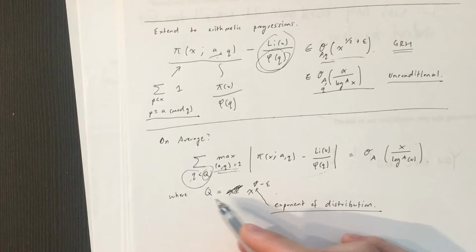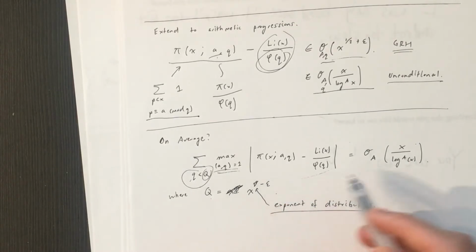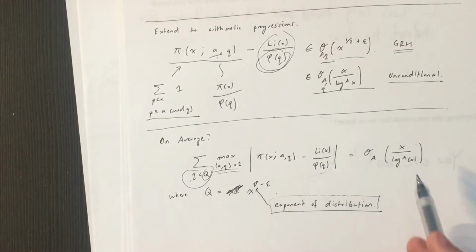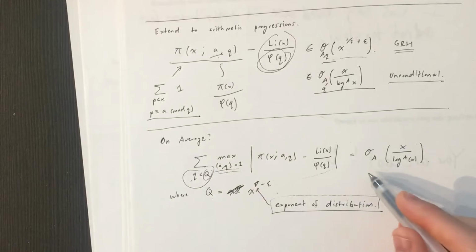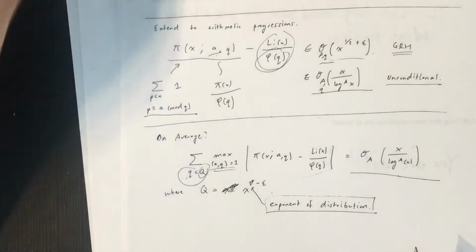But if you can take this Q to be x to the power of something minus a bit of epsilon, and this will hold true for any small epsilon, then this theta is called the exponent of distribution. And this is what Yitang calls the level of distribution. Clearly, if you take this Q too big, you're going to blow over this x over log to the A of x bound, and you won't be able to get this result.